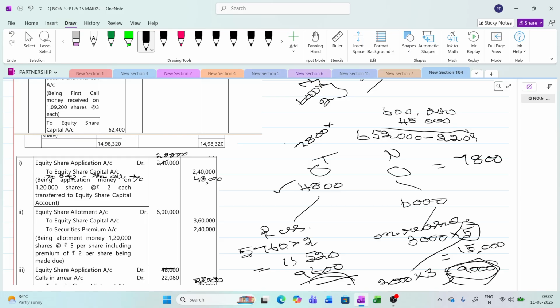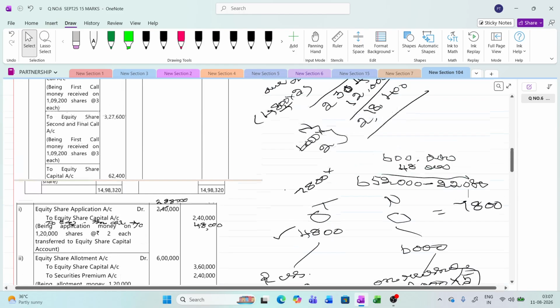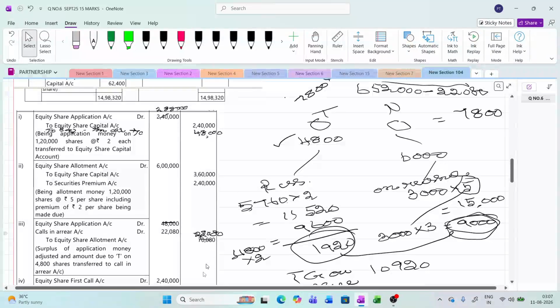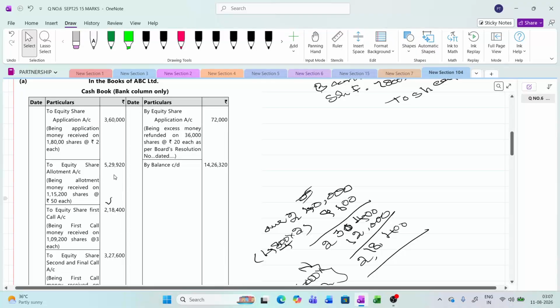But again, from this fellow, 22,080 is not coming. That was arrear from this fellow because he paid only 1,920. So 22,080 is your calls in arrear. That also you have to subtract, and the balancing amount is 5,29,920.